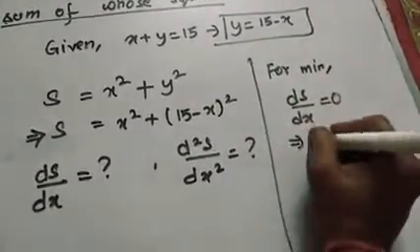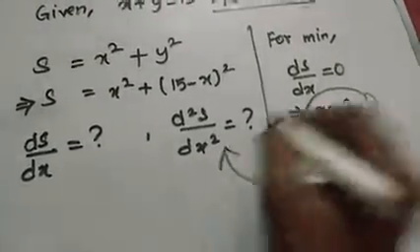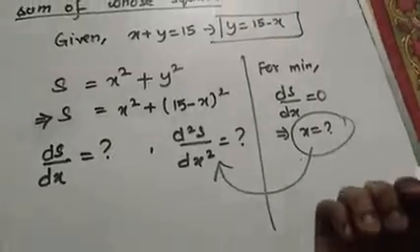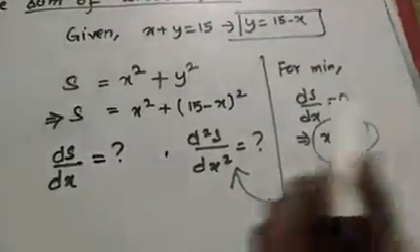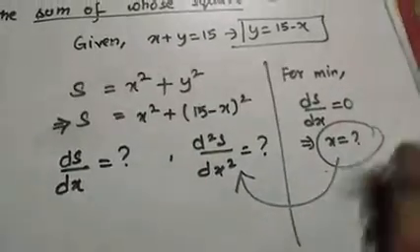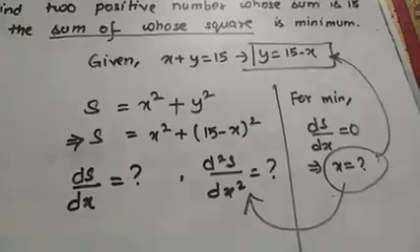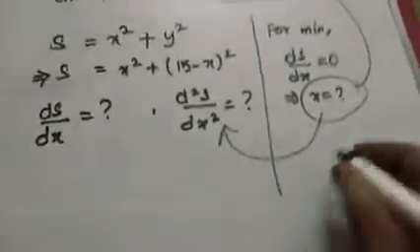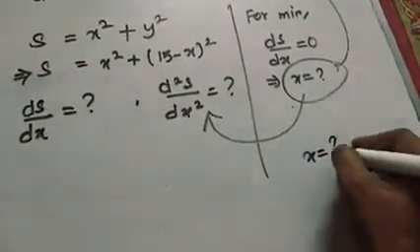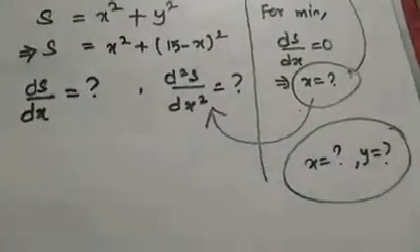From there you will get the value of x. Now you will put that value of x in the second order derivative and check whether that value of x gives minimum or not. If it is minimum, so you got your x. Now put that x value in this y expression, and hence you will get finally your x as well as your y. This is our target, to find these two numbers x and y.